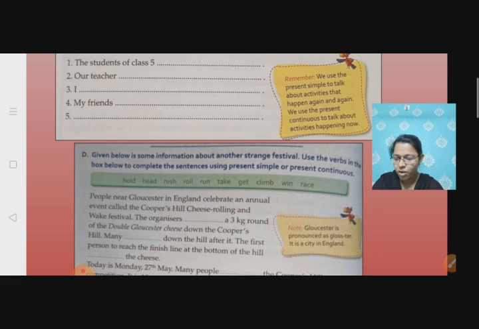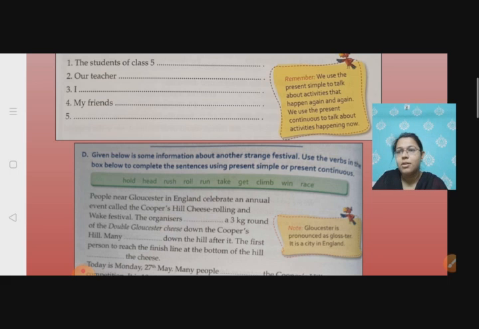In the same way, the third sentence, you can write, I am going to watch a movie tomorrow. So here you can see that we are going to carry out this activity in future. So we can write, I am going to watch a movie tomorrow.